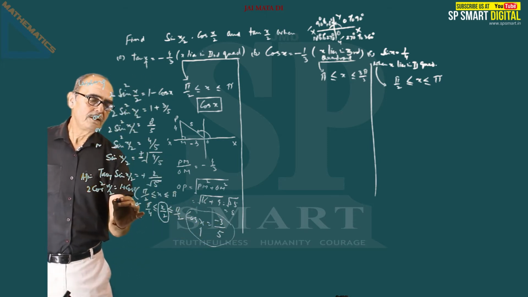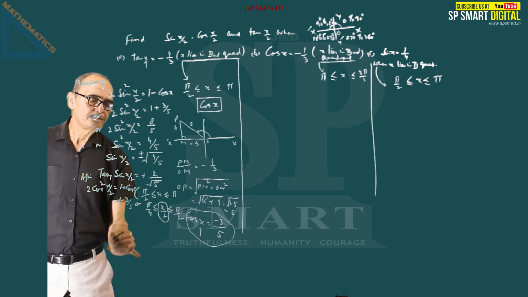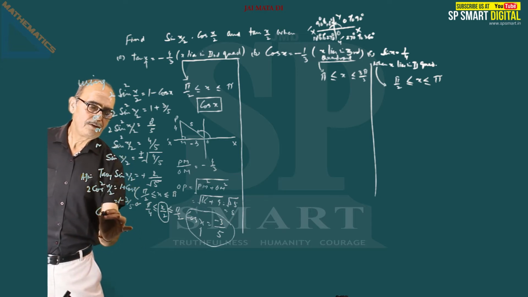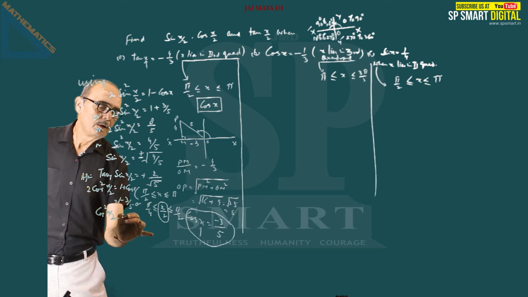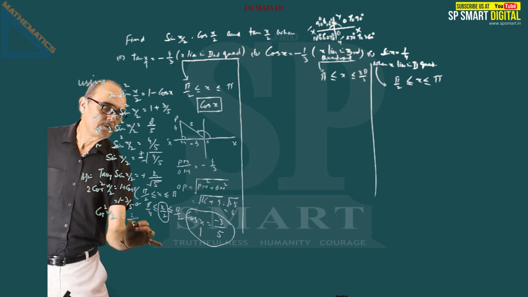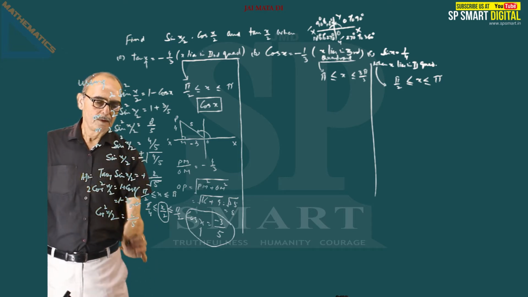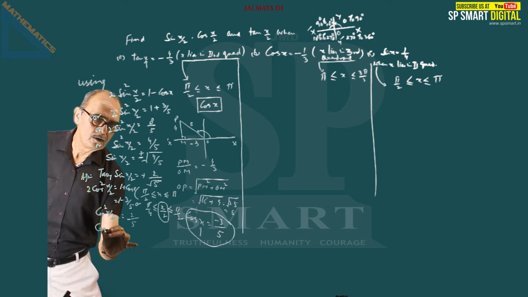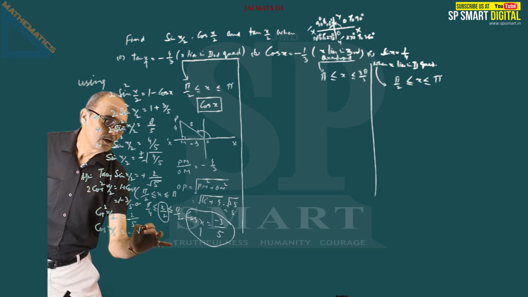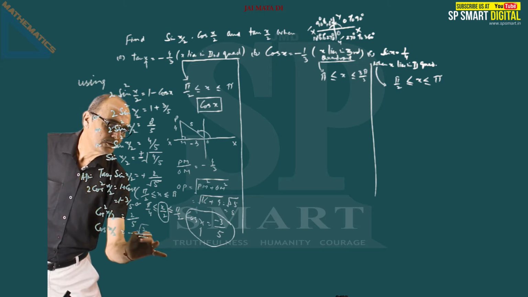Substitute the value here: 1 minus 3 by 5, and if you simplify we get cos square x by 2 equal to 2 upon 5, and cos of x by 2 is minus under root 2 upon under root 5.